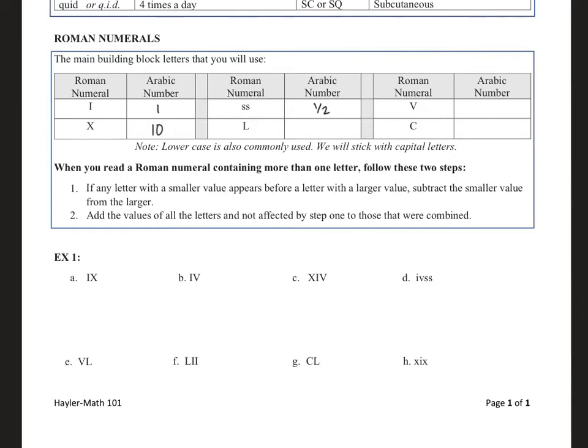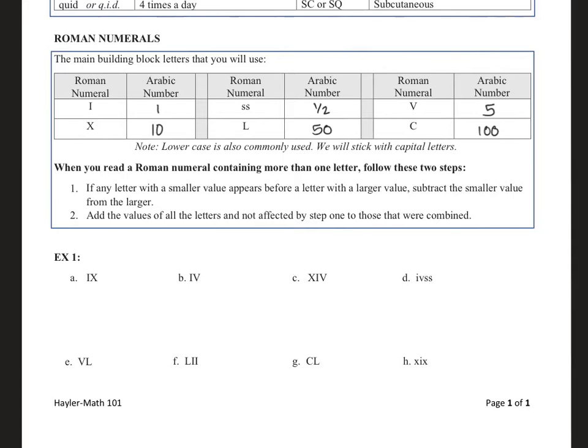The Roman numeral L is going to be 50. Then we have the Roman numeral V, which is 5. And then the Roman numeral C, which is 100. And you can think of it as a century. All right, so these are the main basic 6 ones we're going to be looking at.